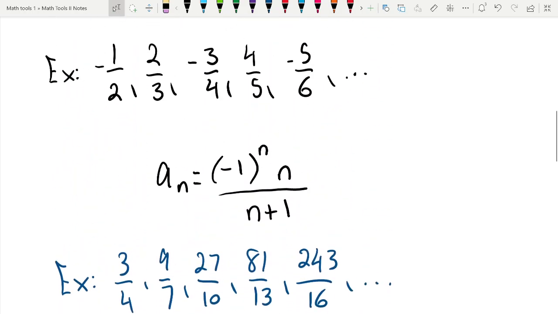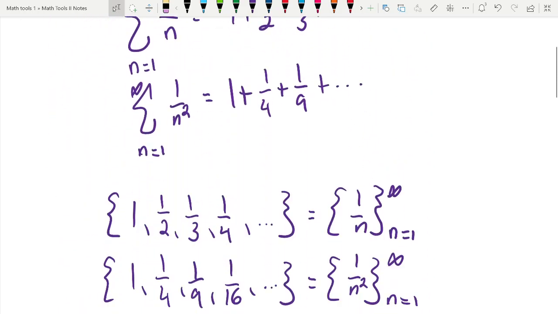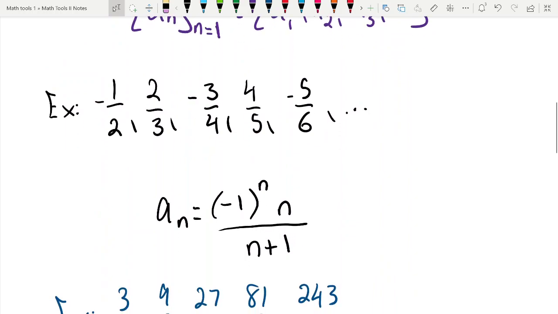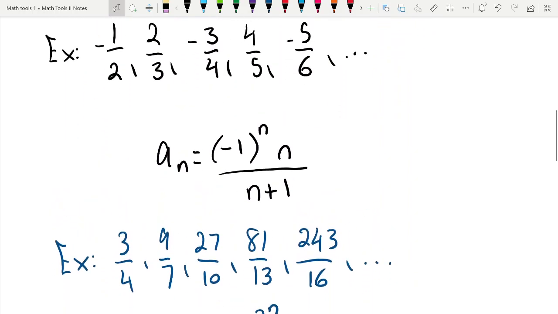So I'll start at the first one we did, and I talked about it a little bit. This first one right here, a sub n, if we take the limit as n goes to infinity, the negative one is going to keep it from converging. If we just look at the n over n plus 1 part, it's going to go to 1.